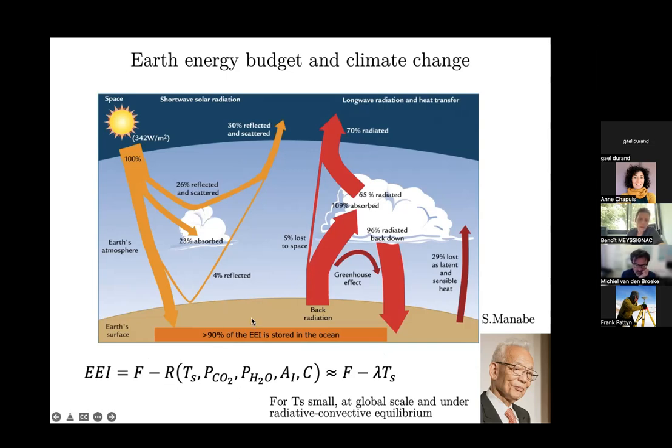The Earth energy imbalance matters because 90% of this energy is entering the ocean. The reason is very simple: the heat capacity of the ocean is larger by 3 orders of magnitude than the heat capacity of the rest of the system. So after 2 years, an anomaly in the Earth energy imbalance just ends up in the ocean.